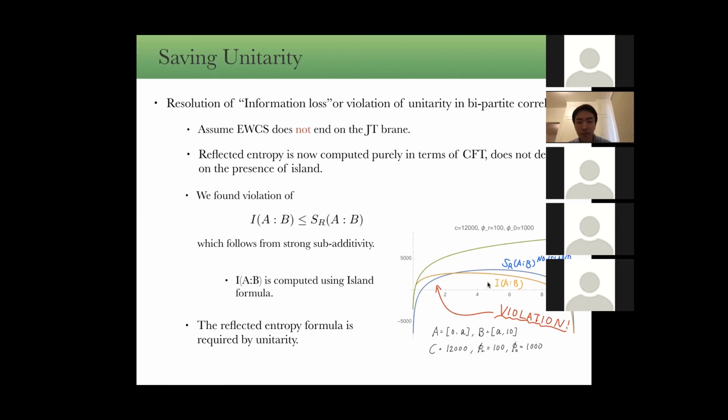So in this region, as you can see, the mutual information is bigger than the reflected entropy. This inequality follows from strong subadditivity, and therefore from the unitarity of the theory. So this is a violation of the unitarity.